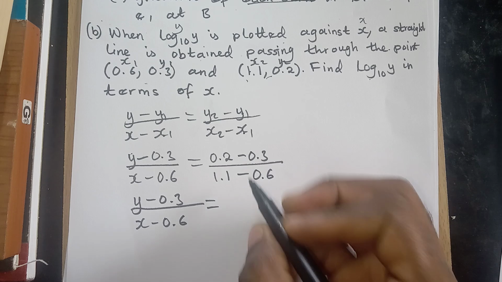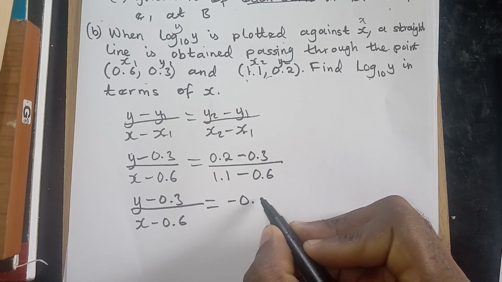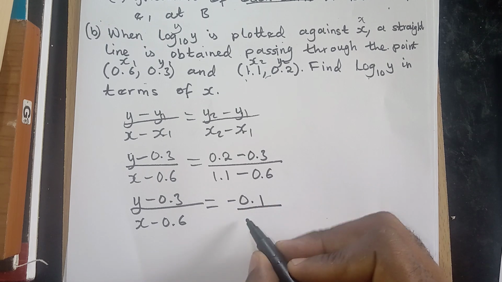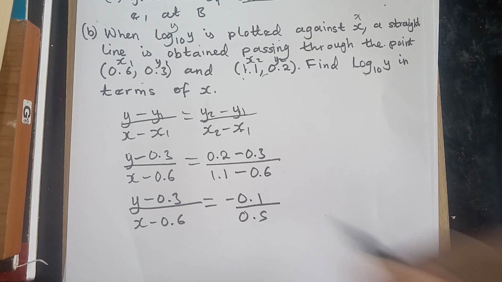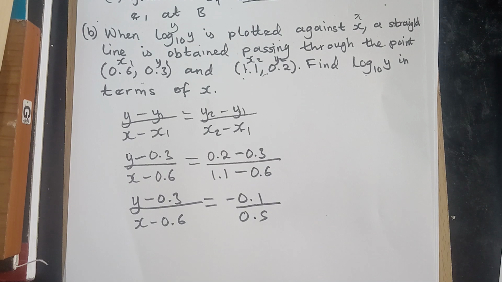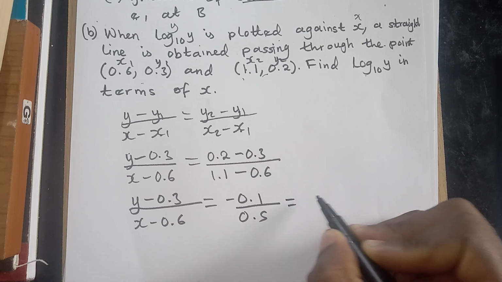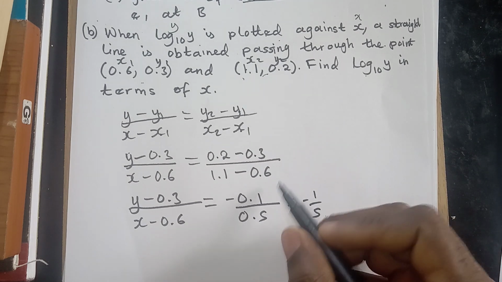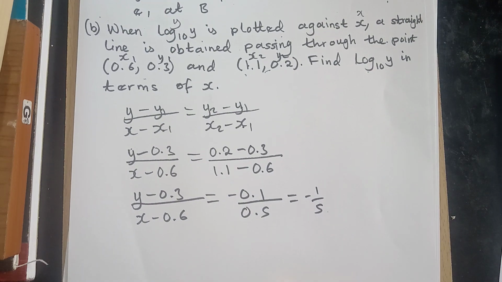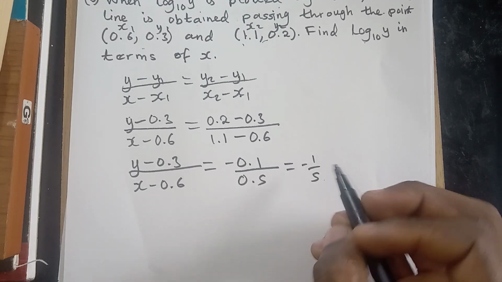And then we have this equation here. So when you subtract this, you get negative 0.1. You subtract this, you get 0.5, and then we can simplify this. So this will simply be negative 1 over 5 when you multiply it by 1 over 5. Just trying to minimize fractions as much as possible.